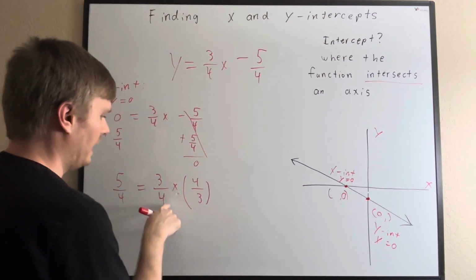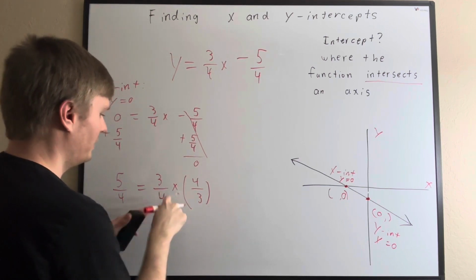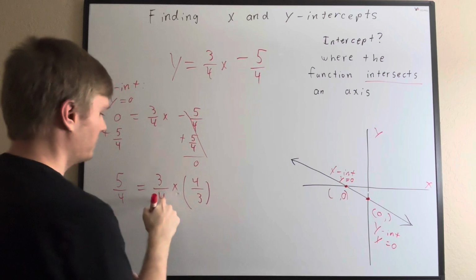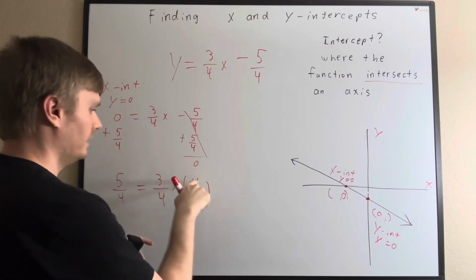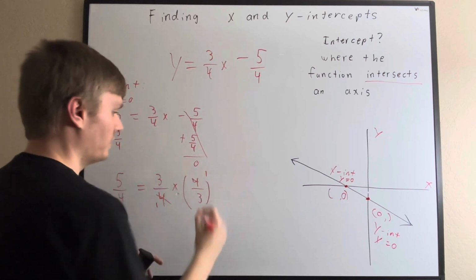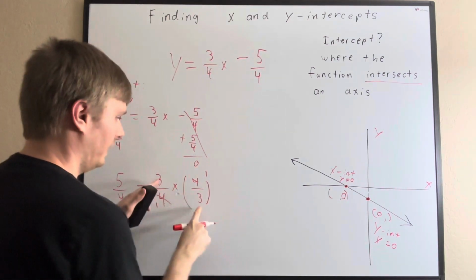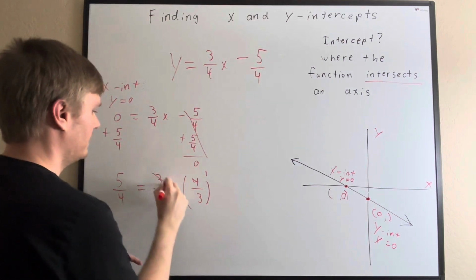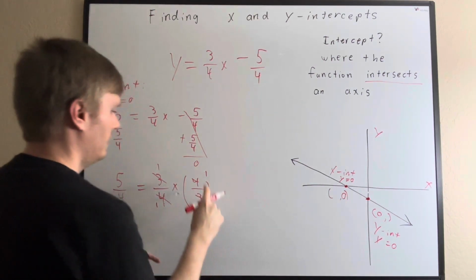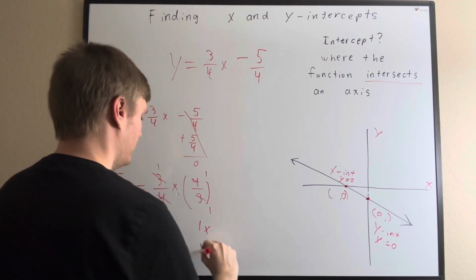Just ignore the x and multiply 3/4 times 4/3. You'll realize that there's a 4 in the numerator and a 4 in the denominator. Those cancel out because 4 divided by 4 is 1. And the 3 cancels out. And we have 1 times x, or just x.